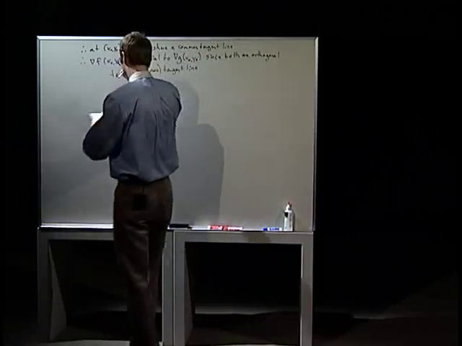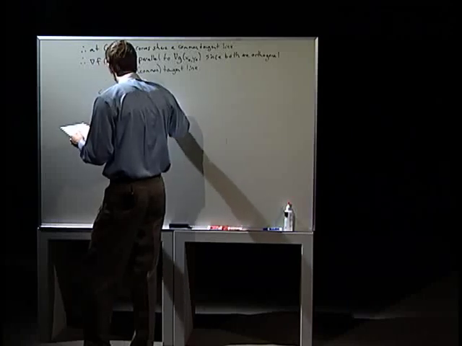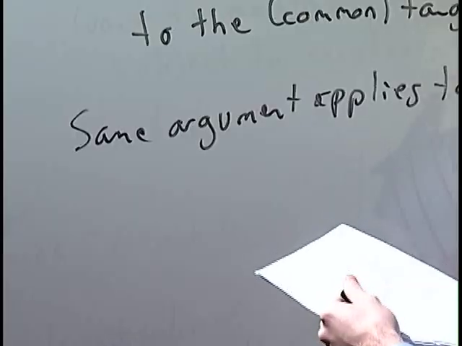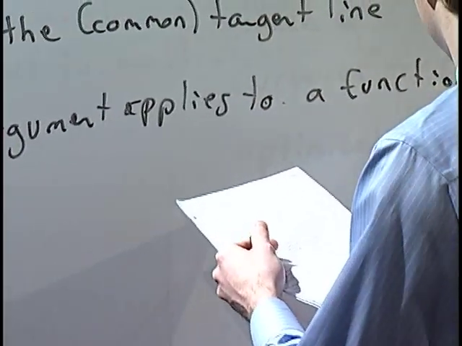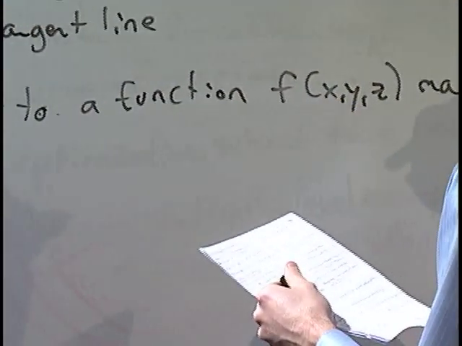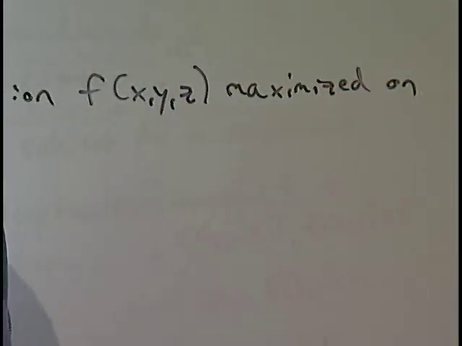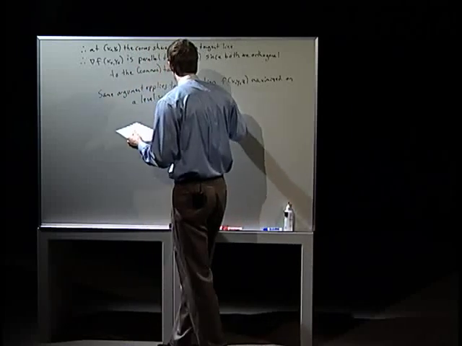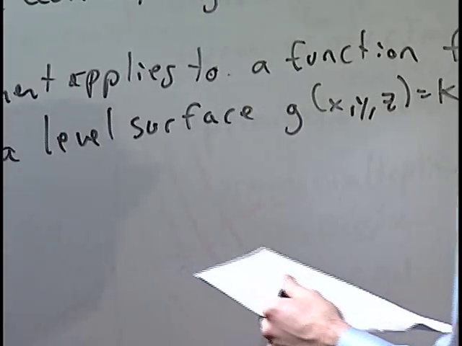So the same argument applies to a function of three variables, f of x, y, z, maximized on a level surface, g of x, y, z equals k in space, right?